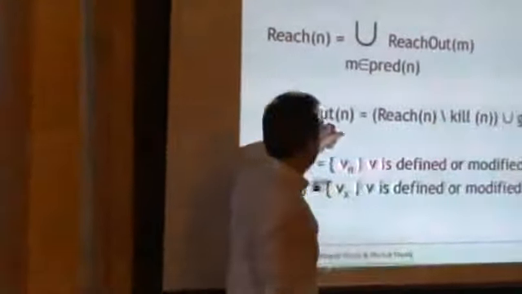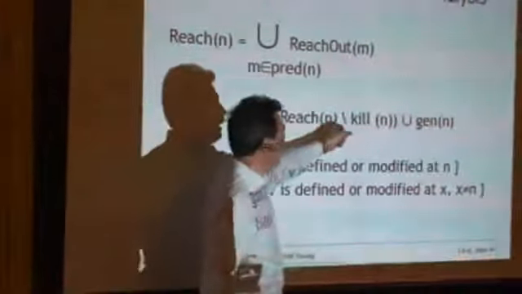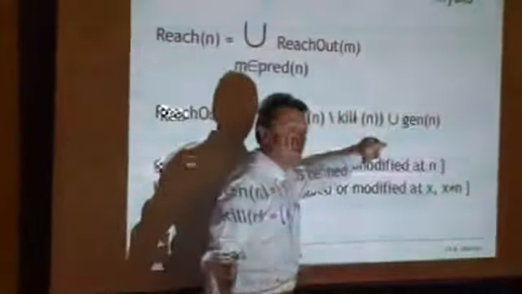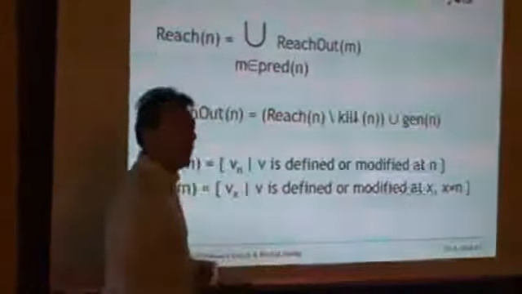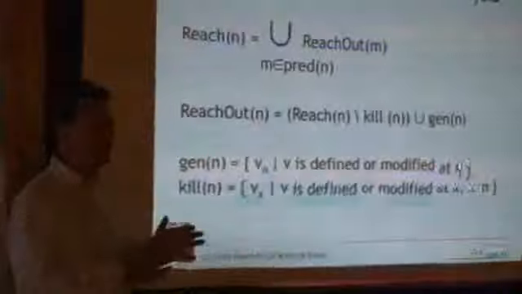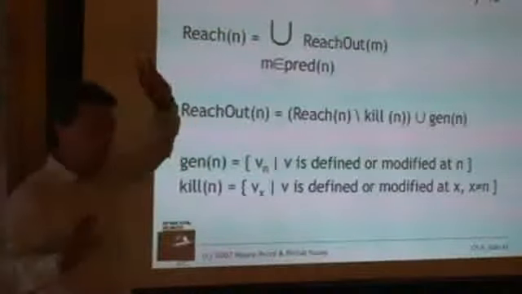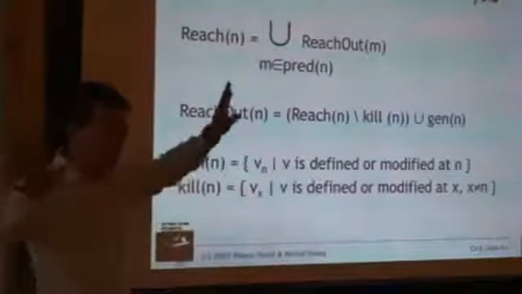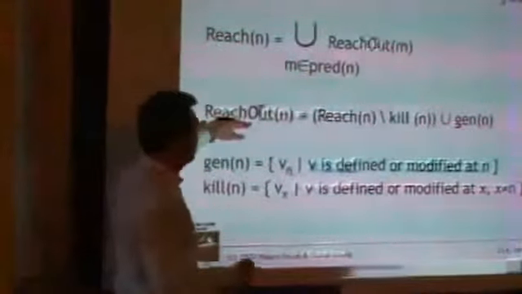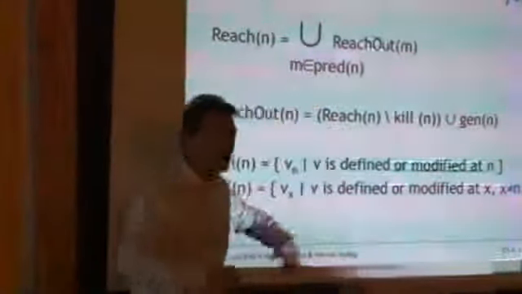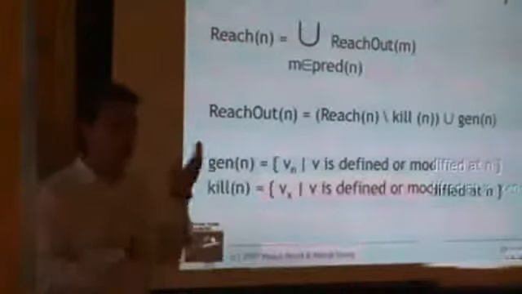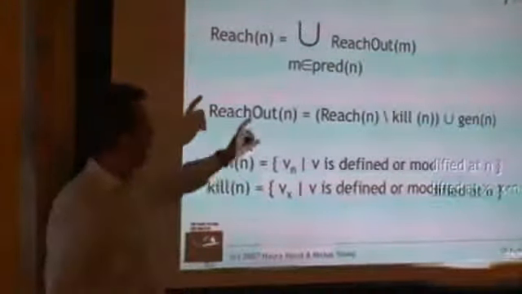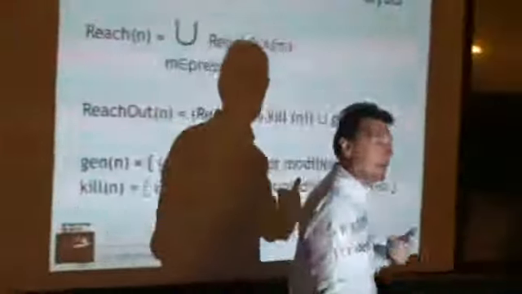And the reach out is what is reachable in the end, less the kills, plus the union of the gens. So you start with a very simple distribution which is computed by looking at single nodes without walking through the graph, and then you go incrementally up. If you have to build an algorithm, you do it incrementally up, right?